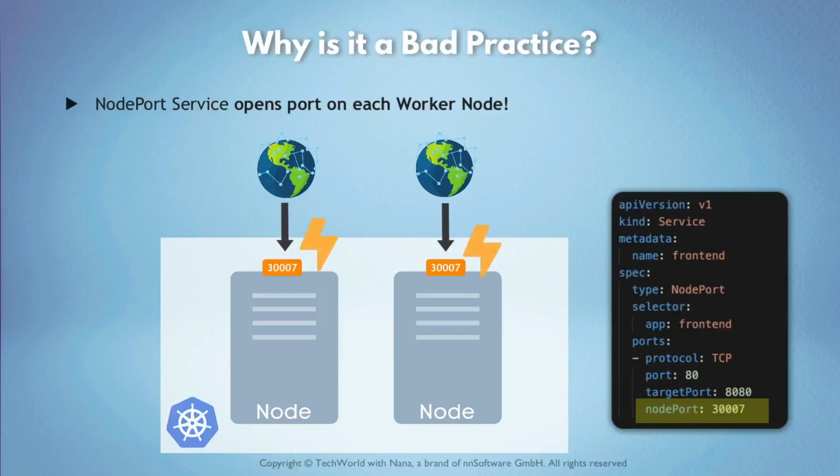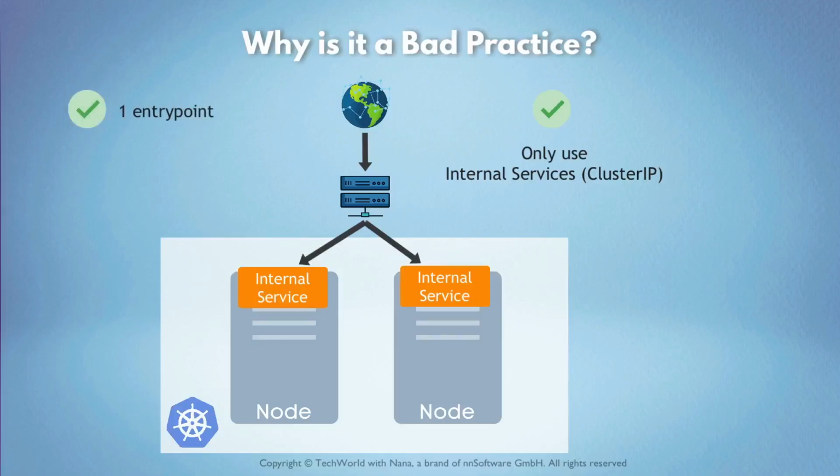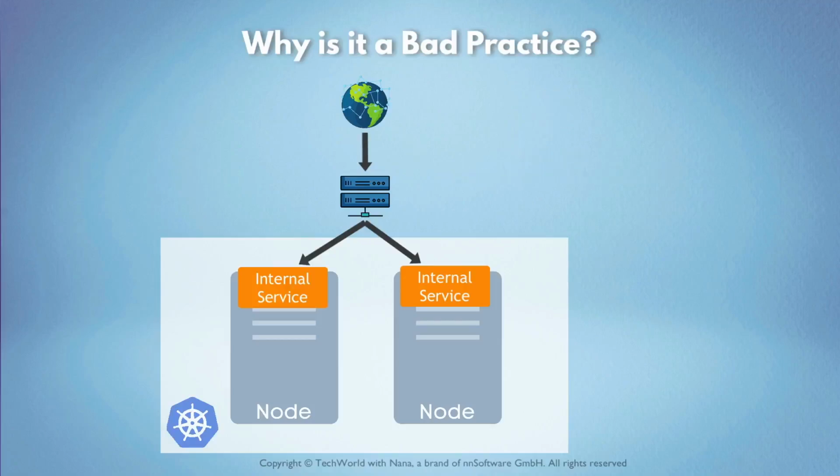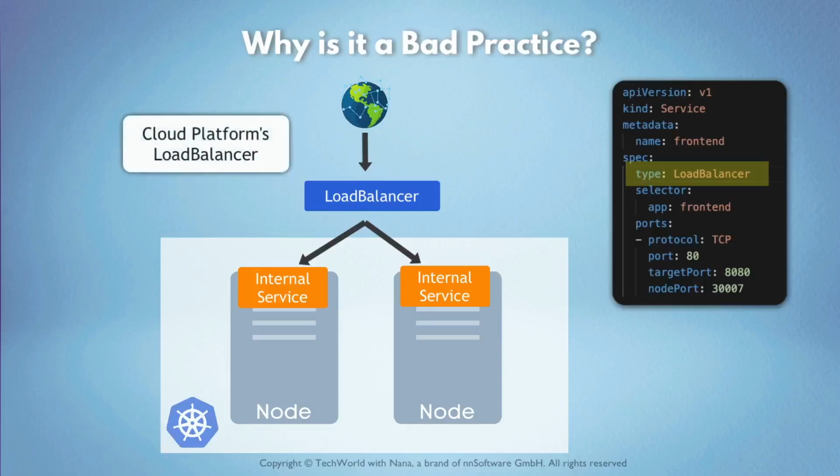The best practice is to only use internal services and have one entry point to the cluster where all requests come in, and ideally that entry point should be sitting outside the cluster on a separate server. So instead of type node port, we can use a load balancer type, which uses the cloud platform's load balancer to create an external single entry point for the cluster.